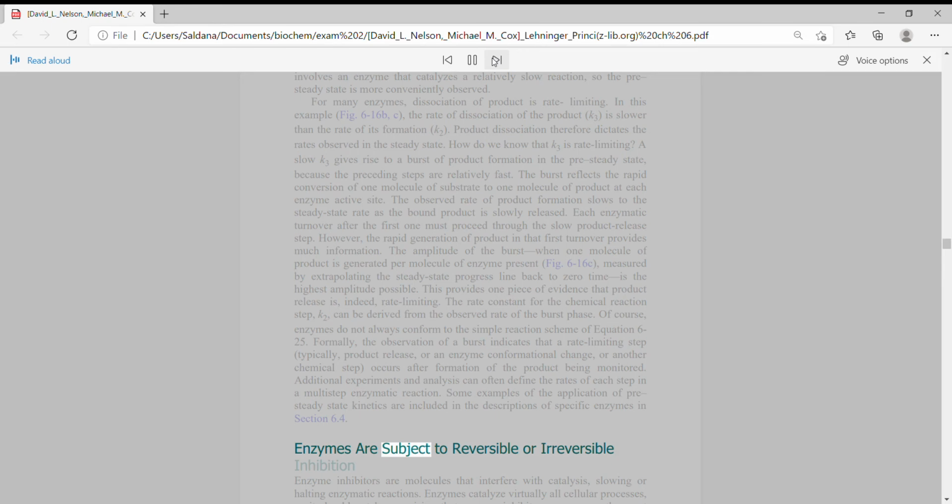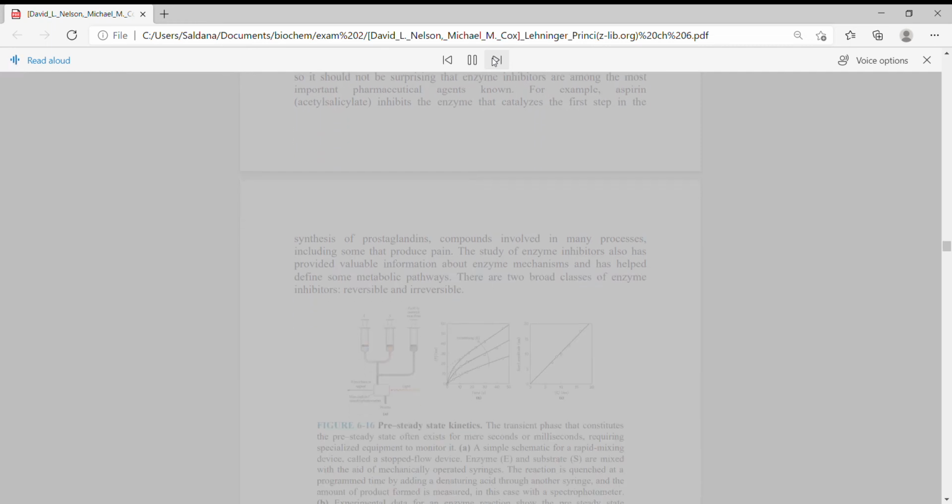Enzymes are subject to reversible or irreversible inhibition. Enzyme inhibitors are molecules that interfere with catalysis, slowing or halting enzymatic reactions. Enzymes catalyze virtually all cellular processes, so it should not be surprising that enzyme inhibitors are among the most important pharmaceutical agents known.